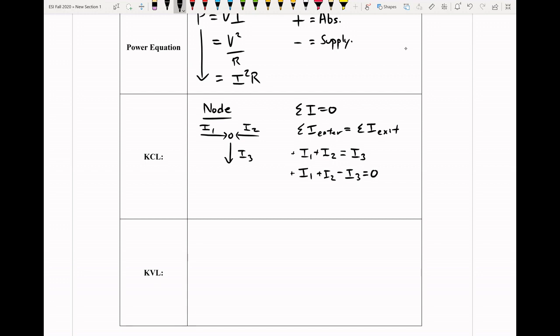And we can actually write it a third way. We can write minus I1 minus I2 plus I3. All three of these are just the same exact equation, just rearranged in different ways.